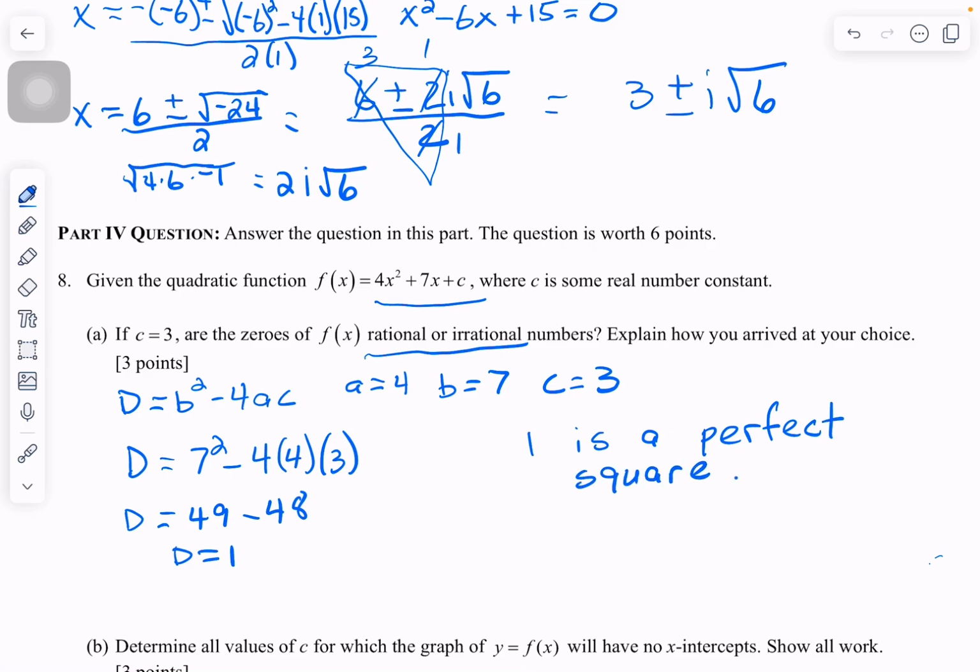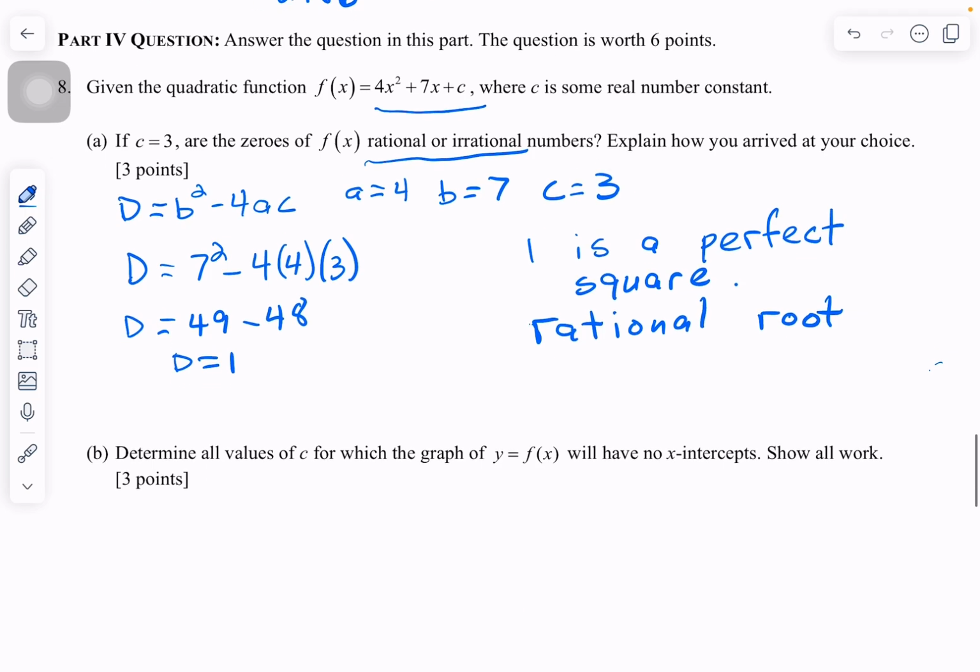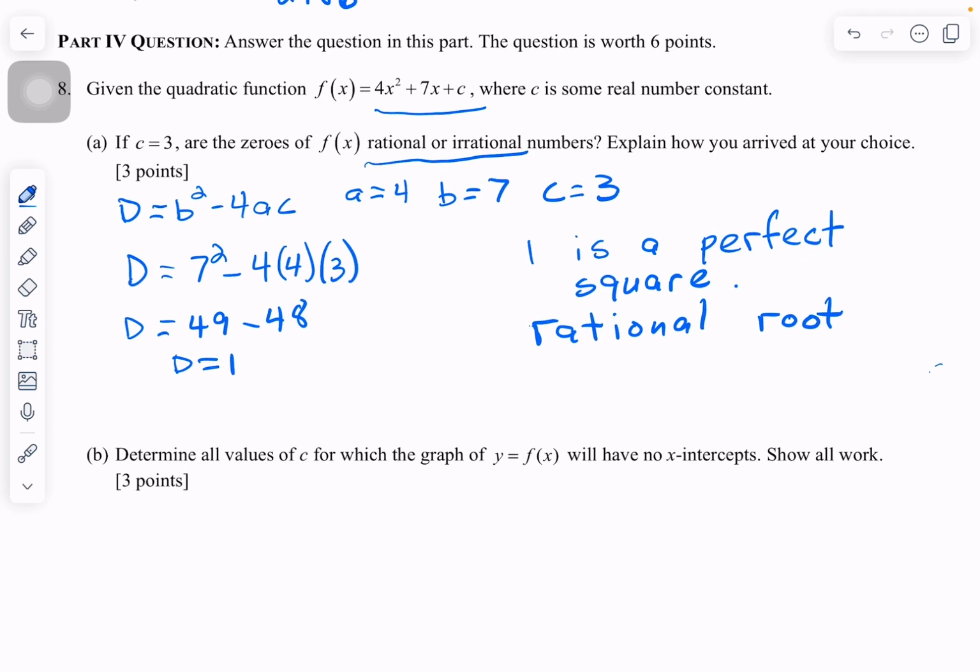So there are 2 rational roots. Okay, so rational numbers.